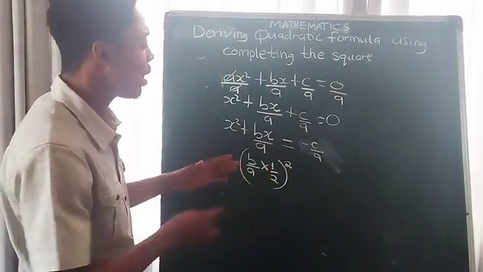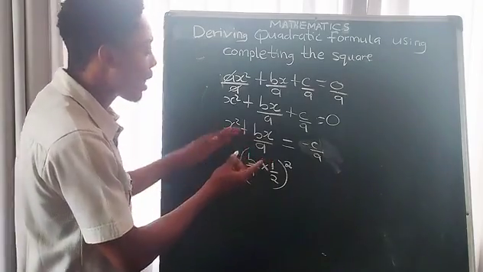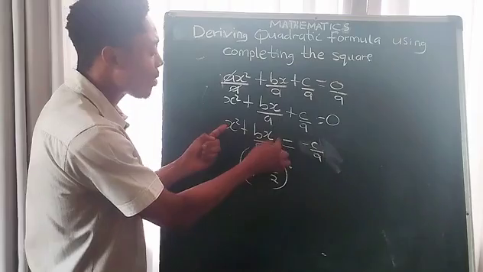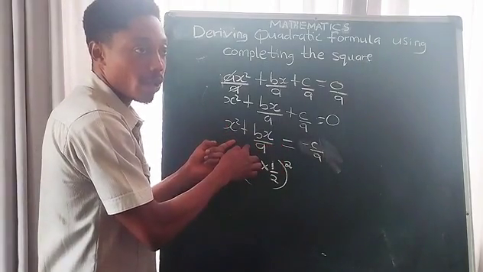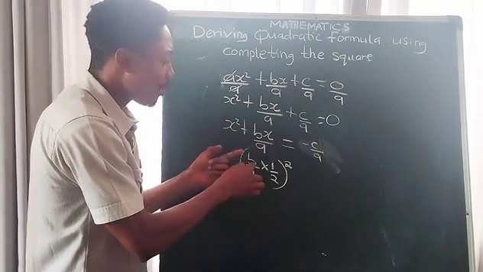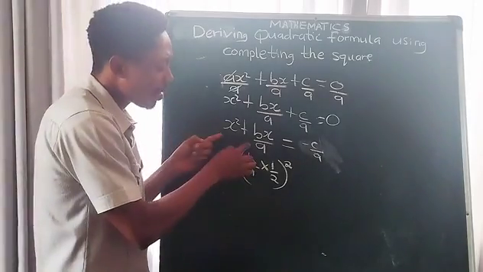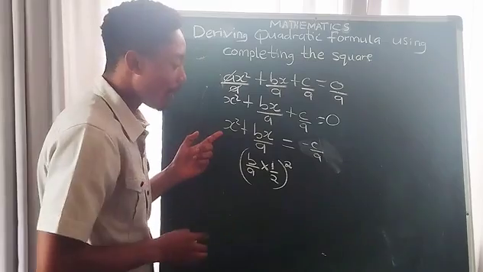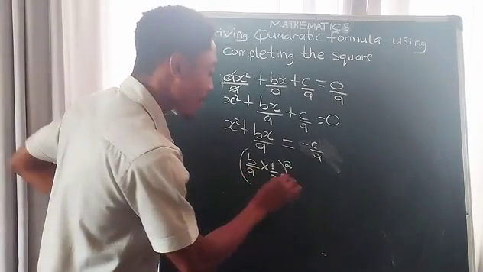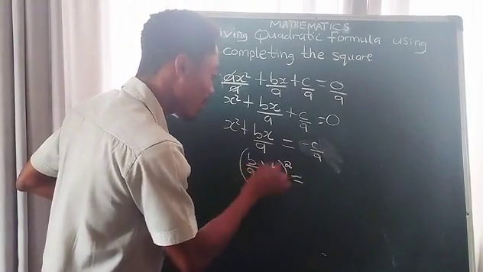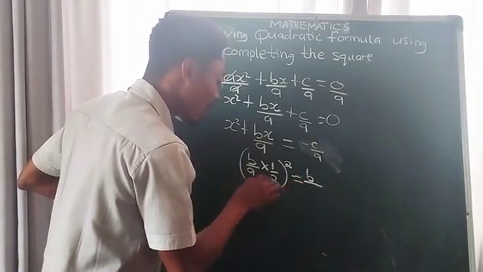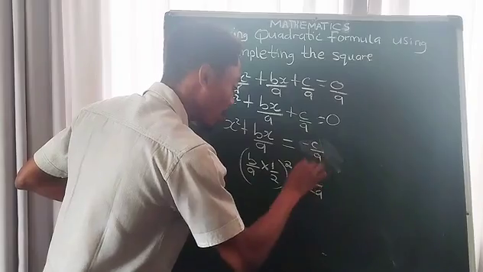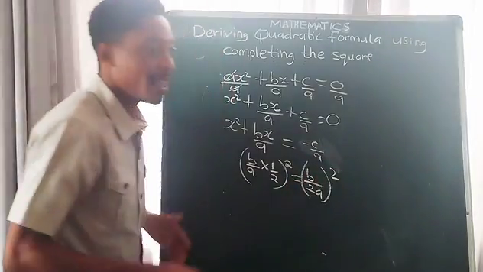Why are we doing this? We are doing this so that we can complete the square, so that we can make the left hand side a perfect square. After I have done this, the result is going to be b times 1, which is b, over a times 2, which is 2a, all squared.